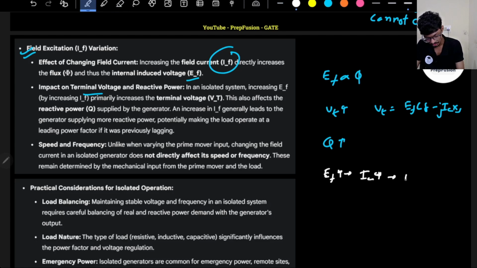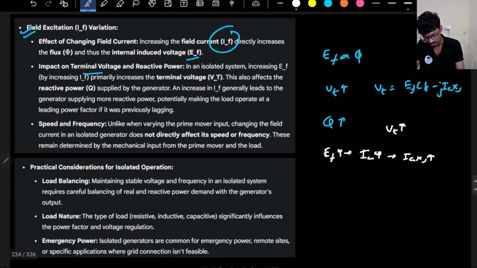If Ia is increasing, this drop Ia into Xs will increase, right? Initially Vt was increasing because Ef was increasing, since Vt is equal to this, but then this drop is also increasing. So then what will happen? Your Vt will reduce.